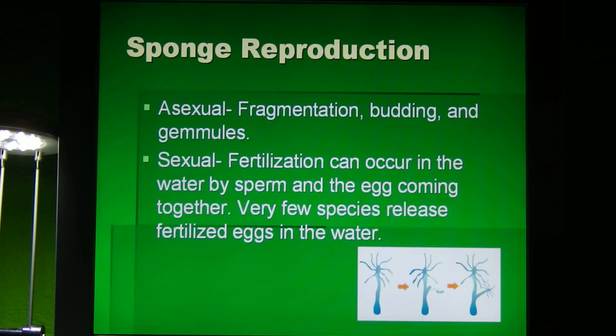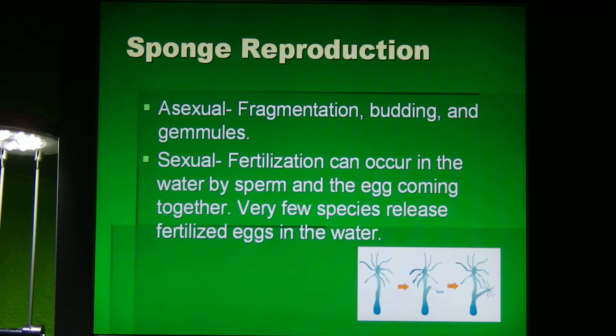Sponge reproduction. Sponges can reproduce asexually by fragmentation, where a piece of the sponge breaks off and then grows into another sponge. Budding, where, as you can see in the picture there, a bud grows on the sponge and then eventually breaks off and becomes an adult sponge.